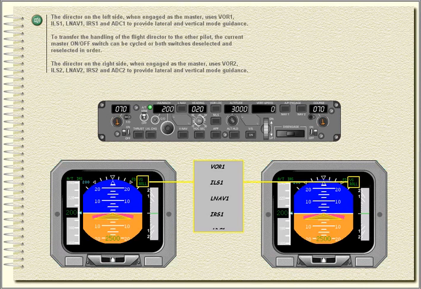The director on the left side, when engaged as the master, uses VOR1, ILS1, LNAV1, IRS1 and ADC1 to provide lateral and vertical mode guidance. To transfer the handling of the flight director to the other pilot, the current master on-off switch can be cycled or both switches deselected and reselected in order.